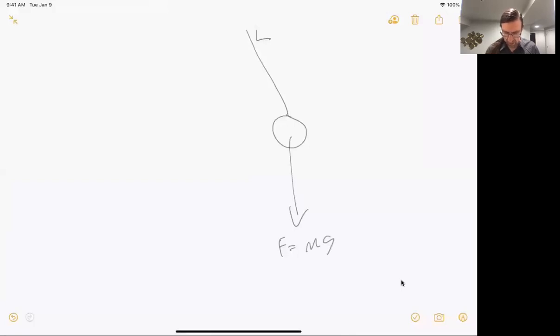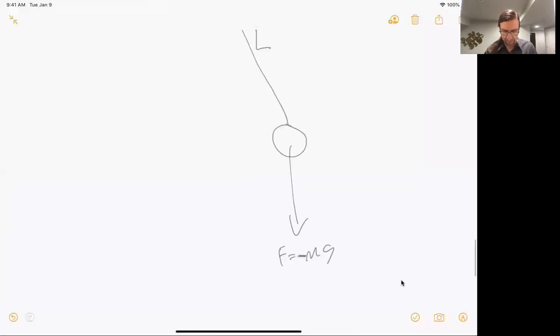G is just the gravitational constant, and m is the mass of the pendulum. Okay, so that force is just constant, right? M is a constant for that bob on the end of the pendulum, and g is the constant. So we've got this constant force pulling us down, and it's pulling us straight down. And since it's down, we're going to say that's negative. It's because it's in the negative direction.